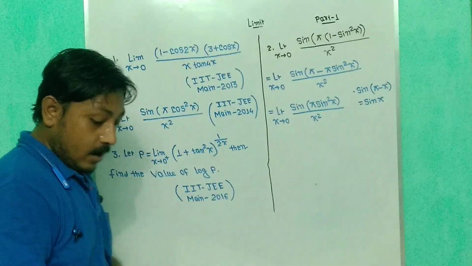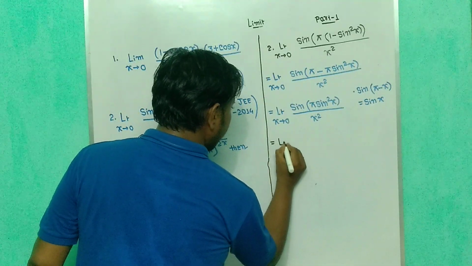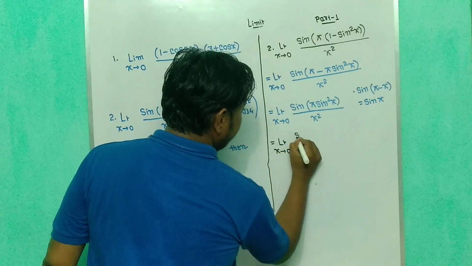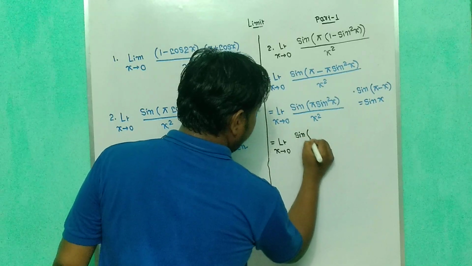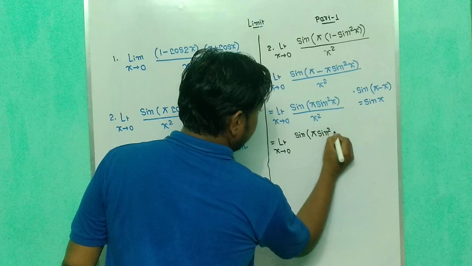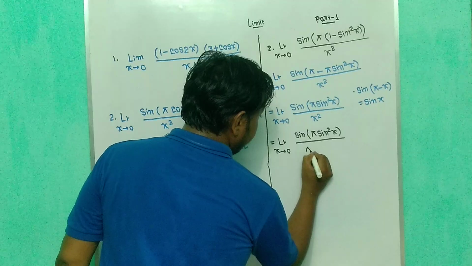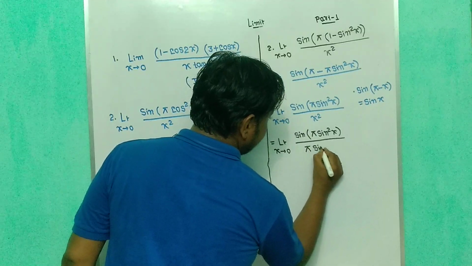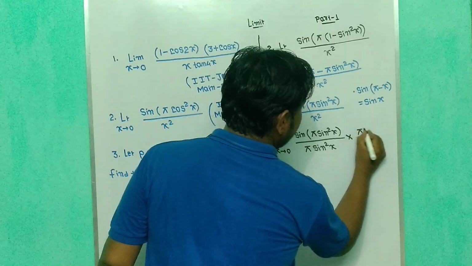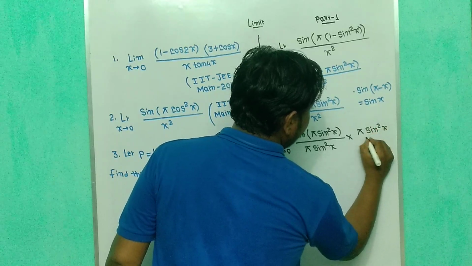Okay, now see, limit x tends to 0 sine (pi sine square x) divided by, we can write, no, pi sine square x into pi sine square x divided by x square.